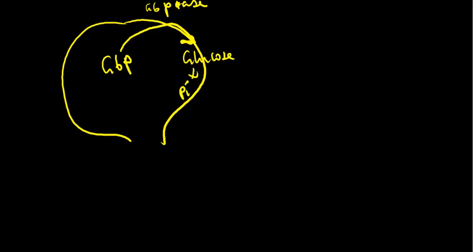Now this glucose cannot just go out of the endoplasmic reticulum; it needs glucose 6-phosphate translocase. Remember that glucose has these GLUT channels.